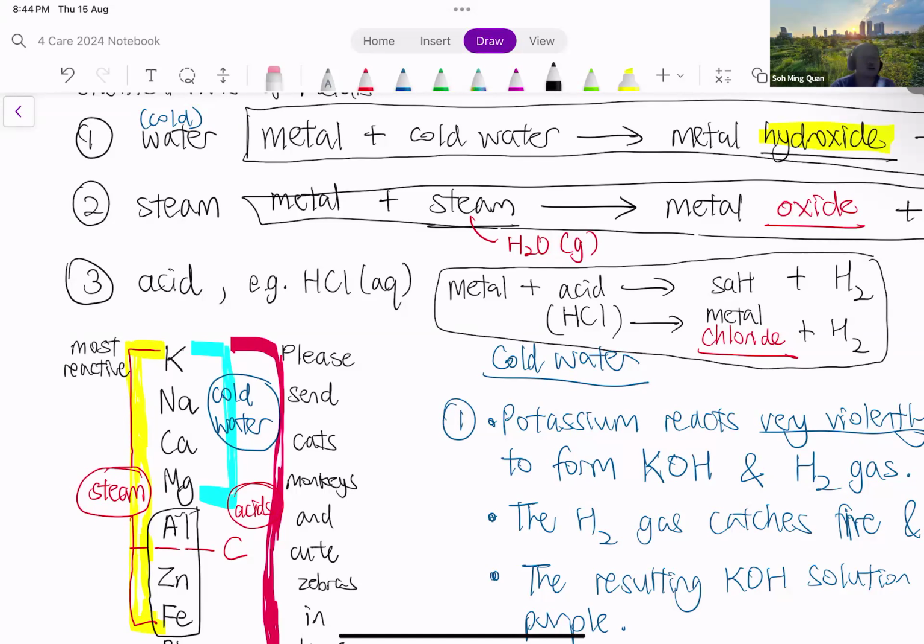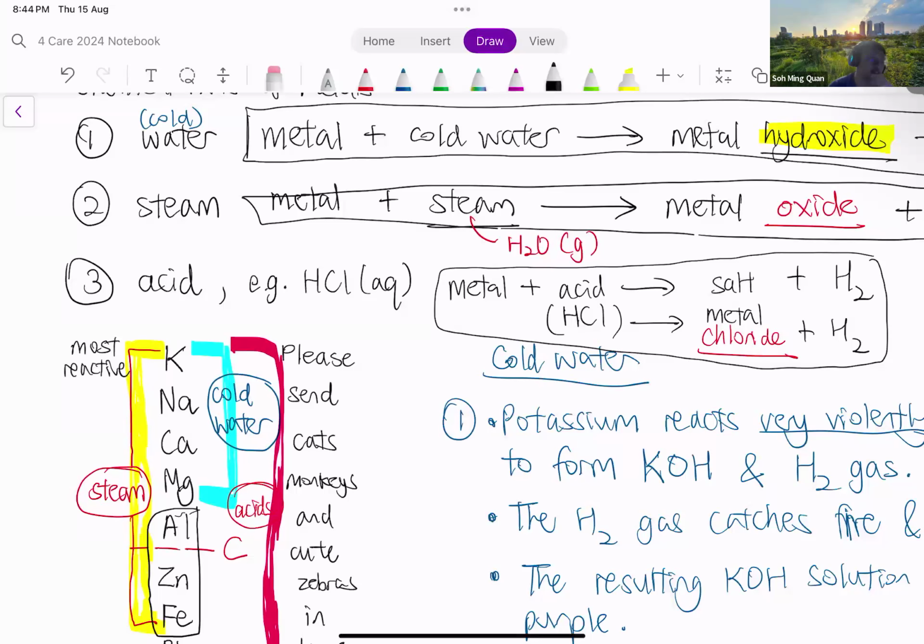All right. So because it's HCl that we are talking about here, the salt is actually a chloride. Okay. So only the metals which are above hydrogen are able to react with acids. The ones below hydrogen do not react with acids.